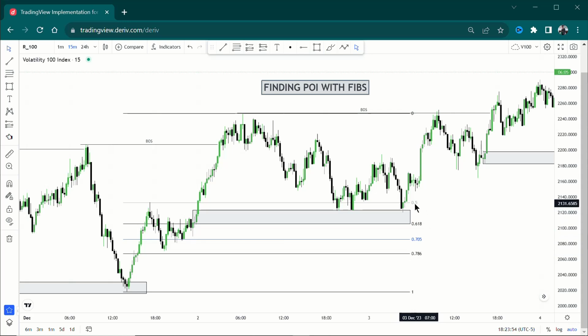Below this 50%, this area down here, is called a discount, and above there, that's a premium. And in trading, you want to be buying in a discount and selling in a premium. That is how it's supposed to work.